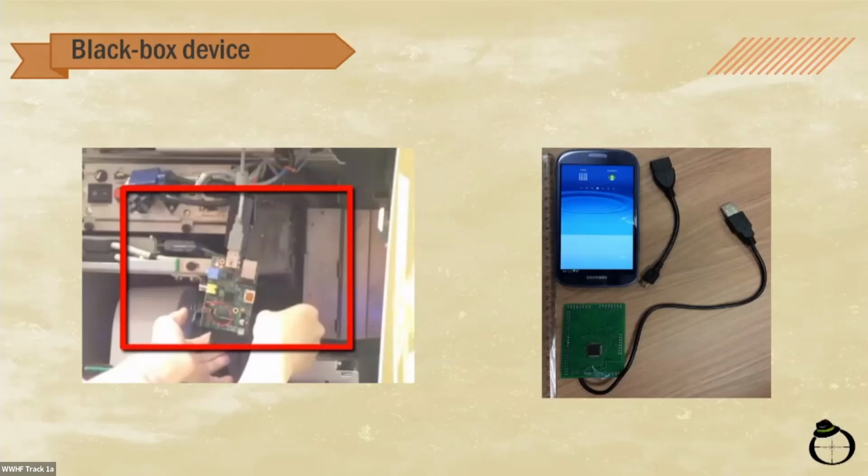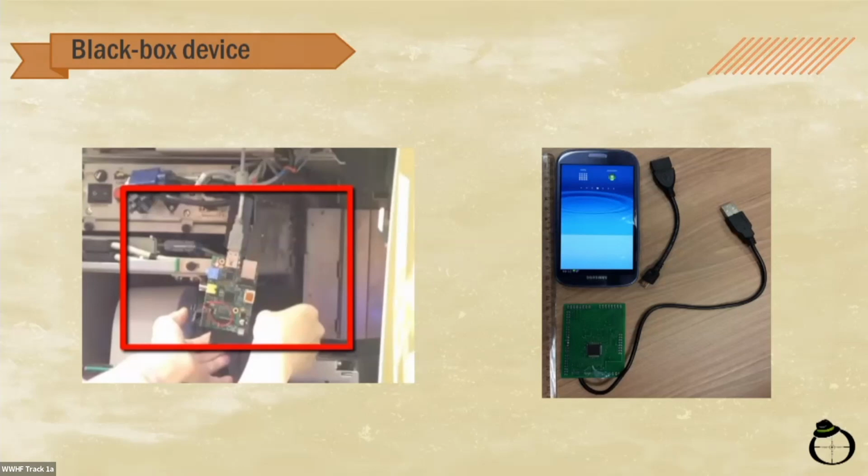So another attack that they are doing is the black box attack. They use a black box device. A black box device is nothing but a disconnection. Right now, the dispenser is connected to the computer. What they do is disconnect the dispenser from the computer and connect it to their own computer.